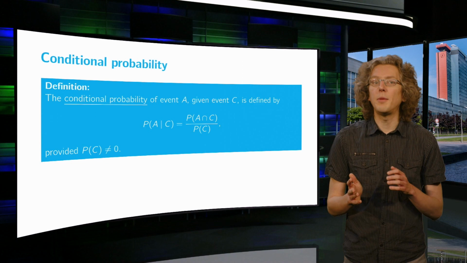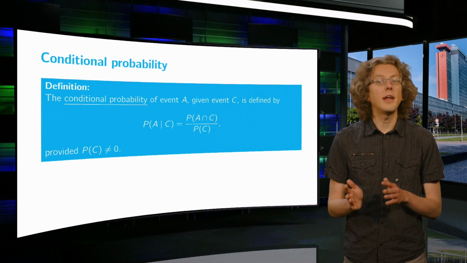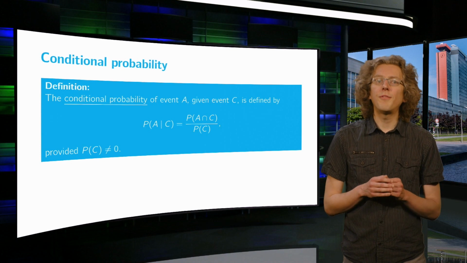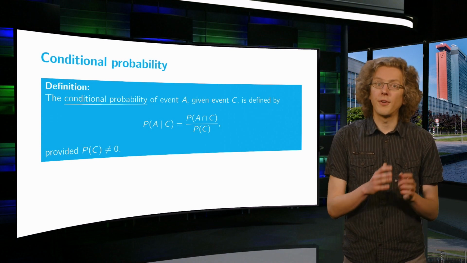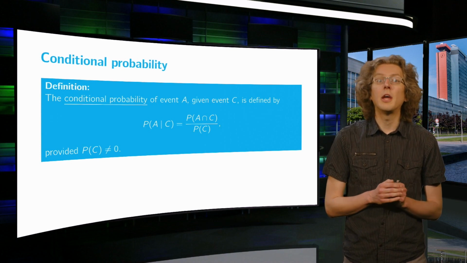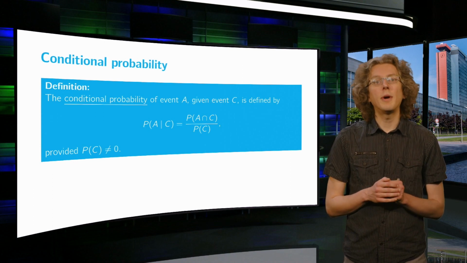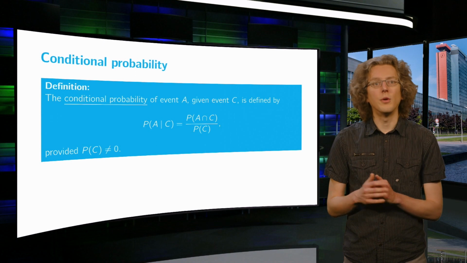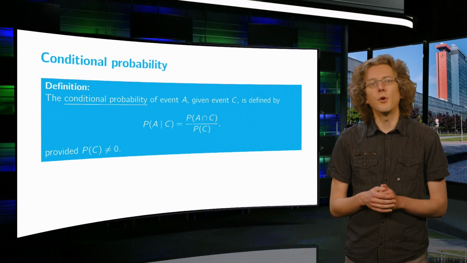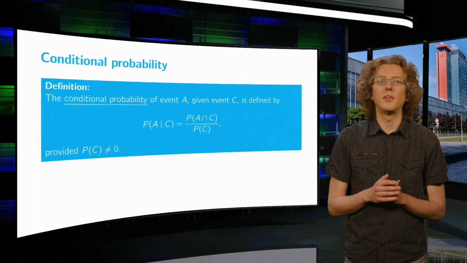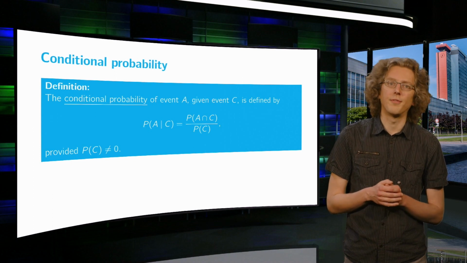So, given any probability function P and any event C with non-zero probability, we define the conditional probability of A given C by dividing the probability of A and C by the probability of C alone. Therefore, in the general case, we end up taking fractions of probabilities instead of fractions of numbers of outcomes.